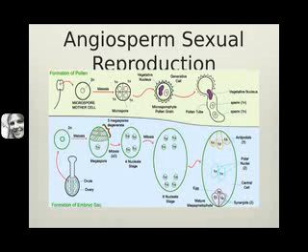The synergids kind of act like that, but for sperm cells. So the synergids direct the sperm cell that's coming from the pollen. Remember the tube nucleus that's moving down the style, moving towards the egg. These synergids direct that pollen to the egg.